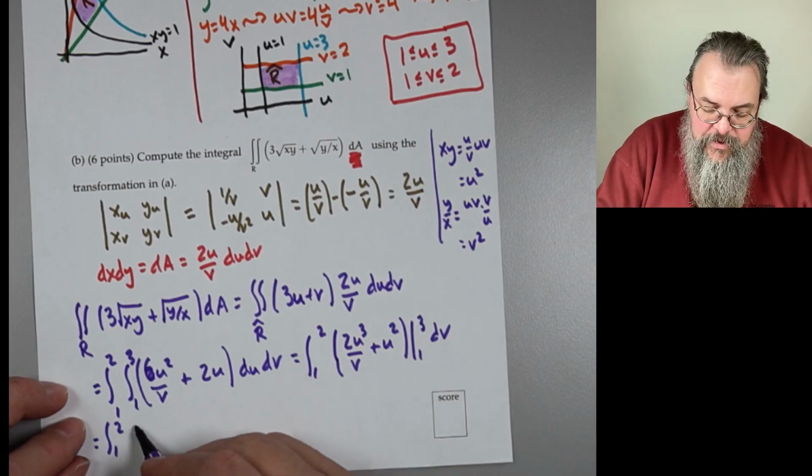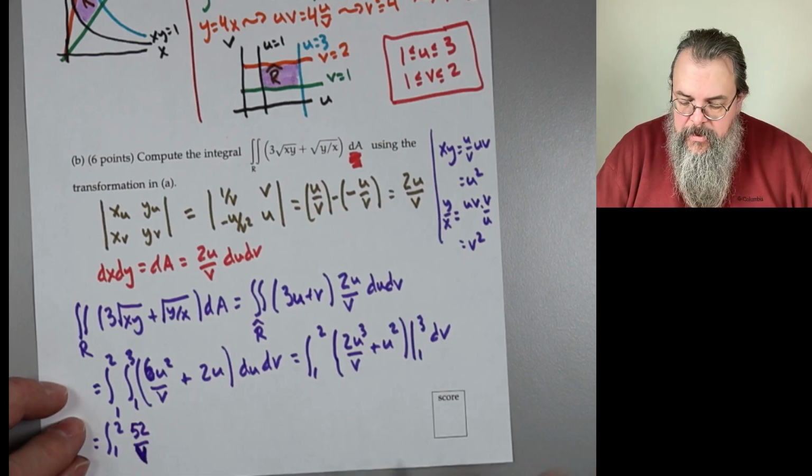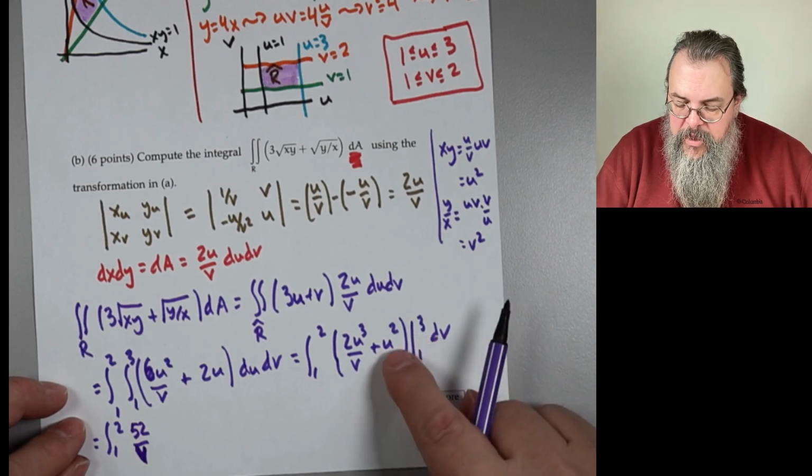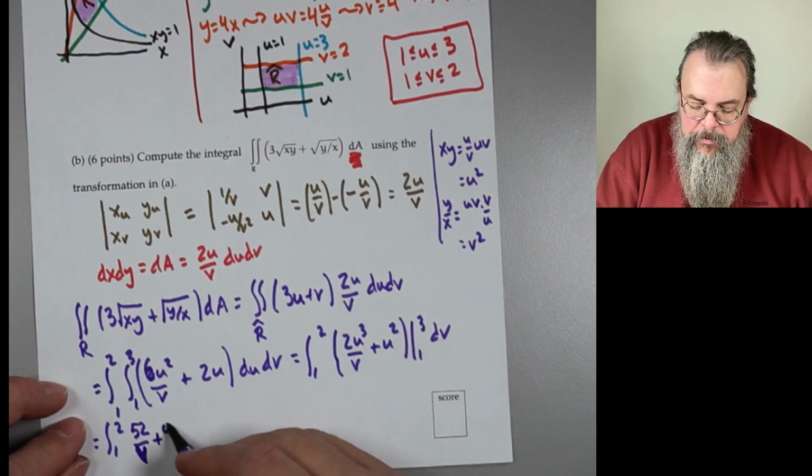So that gets you to 52 over v. And then when we plug in 3, 9 minus 1, that's 8.